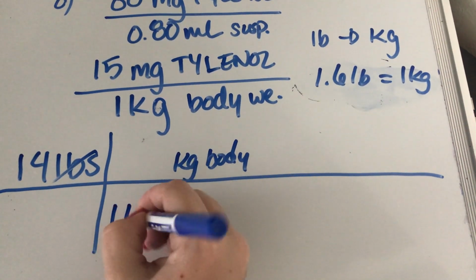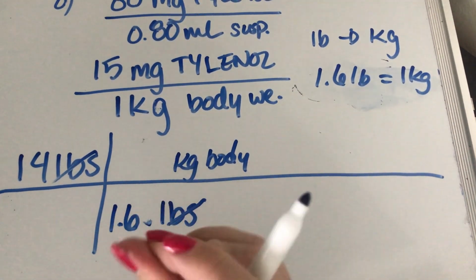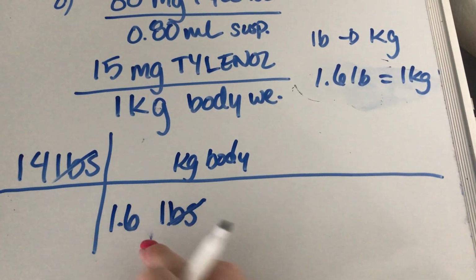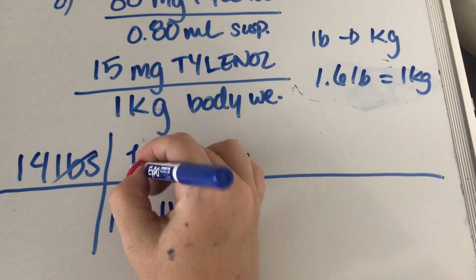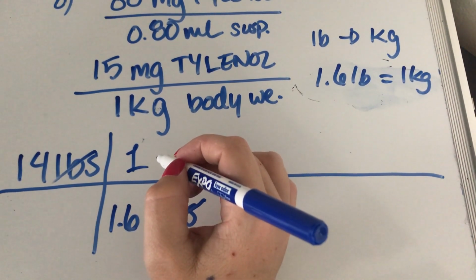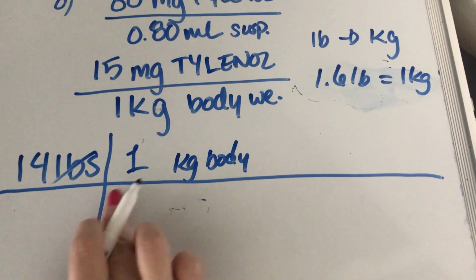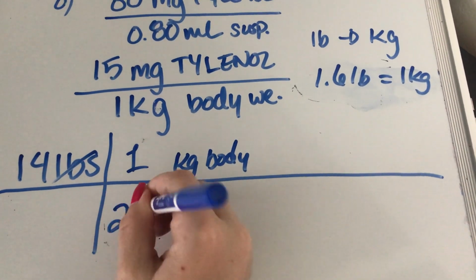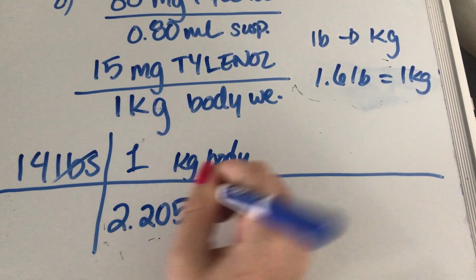And I have my conversion factor 1.6 lbs. Sorry to interrupt, but Google says 1 kilogram is 2.205 pounds. Cool. Thank you.